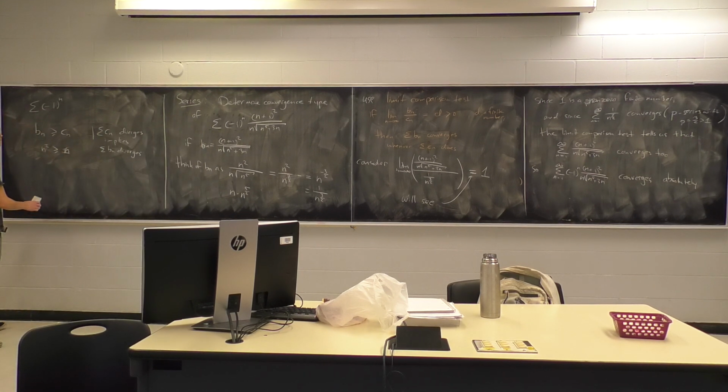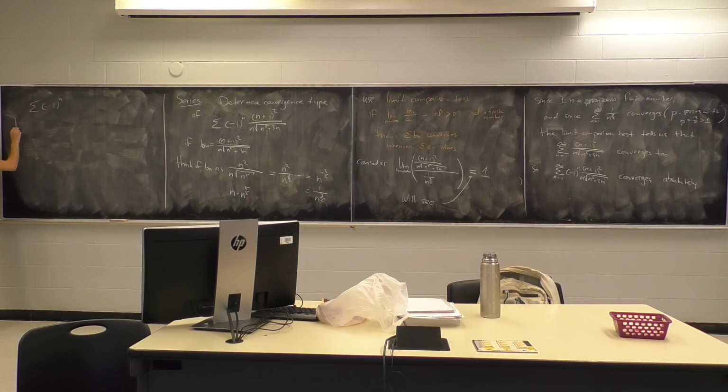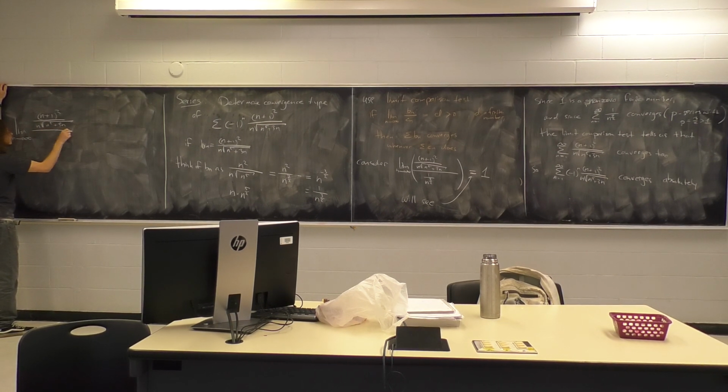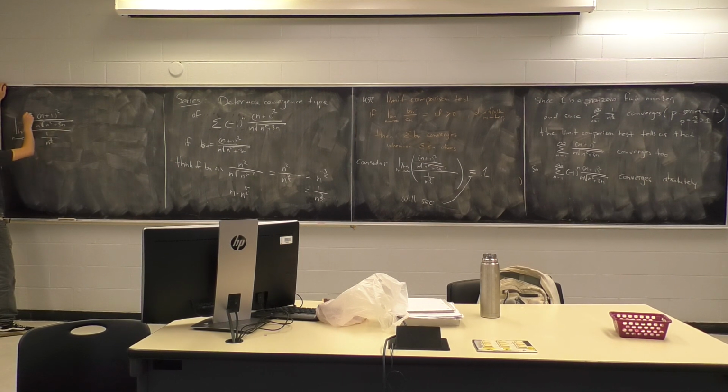So, this limit: n plus 1 squared over n square root of n to the power 5 plus 3n, over 1 over n to the power 3 over 2.